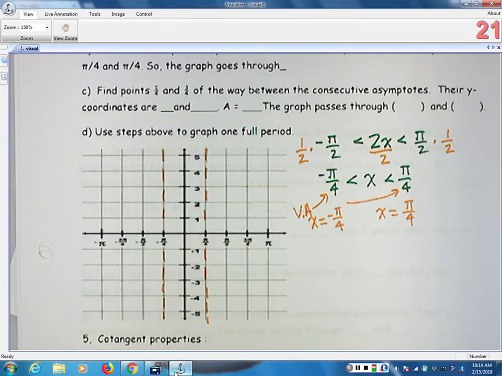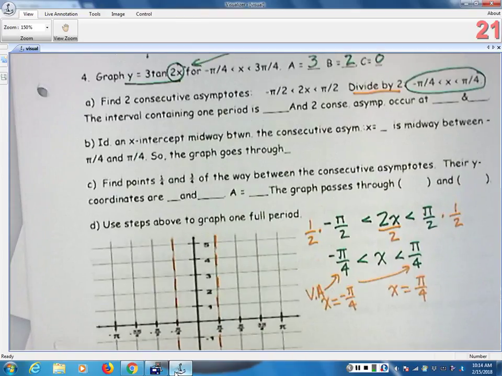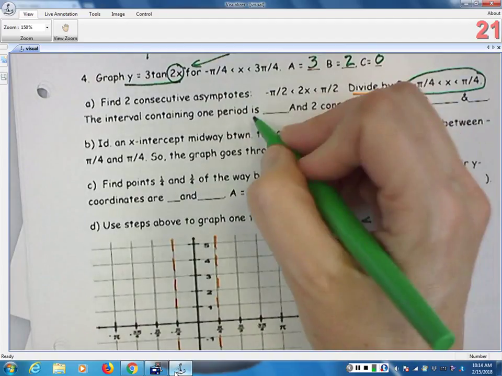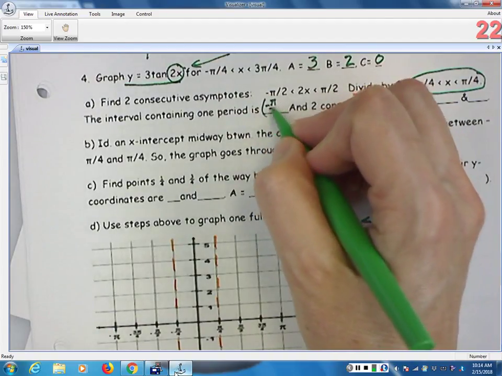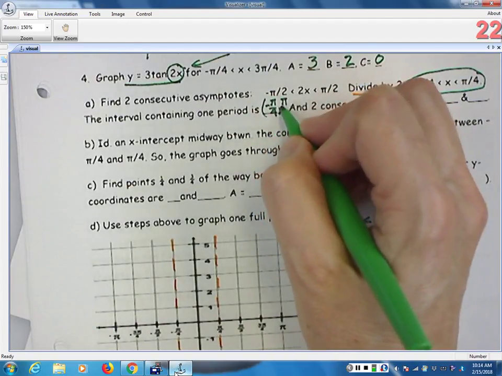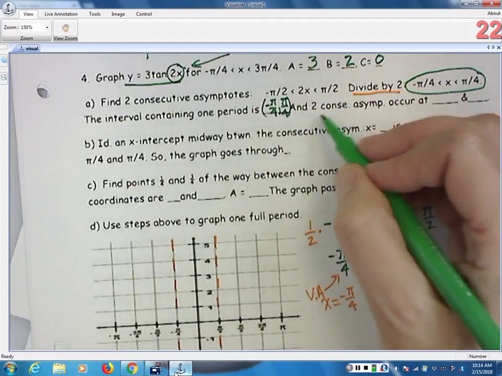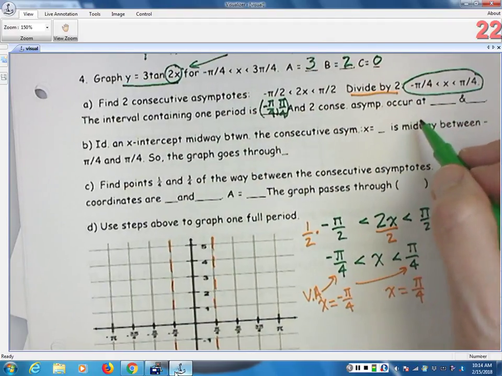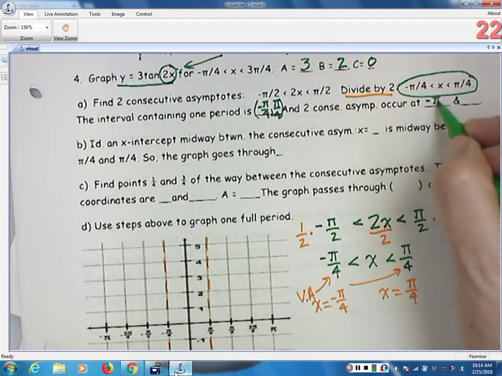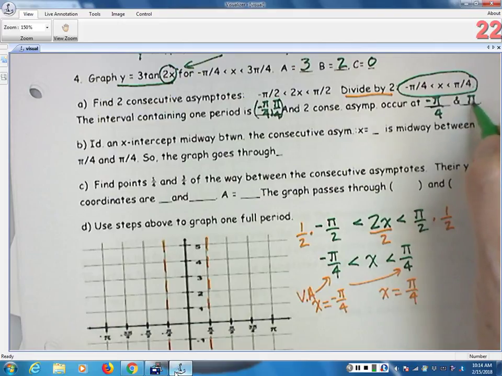So we got the 2 consecutive asymptotes. Now we're going to identify an x-intercept. An interval containing 1 period is going to be from minus pi over 4 to pi over 4. Two consecutive asymptotes occur at minus pi over 4 and pi over 4.